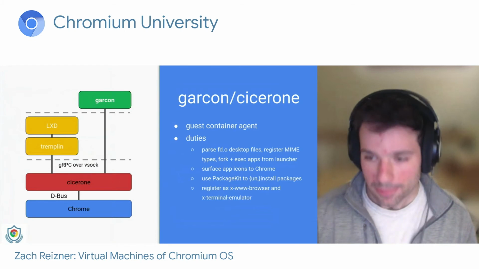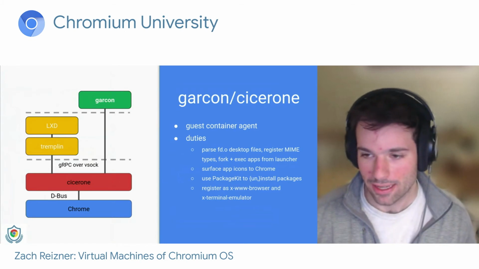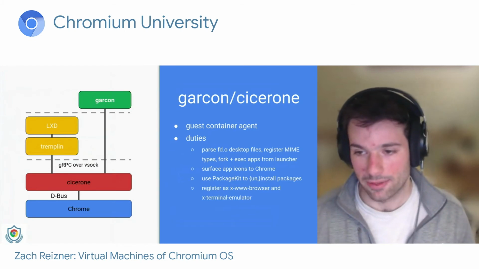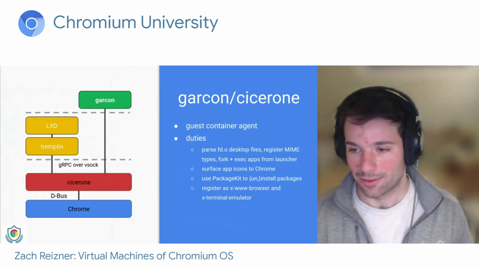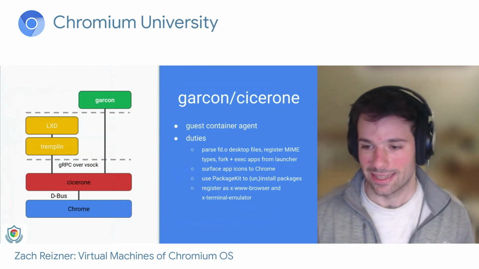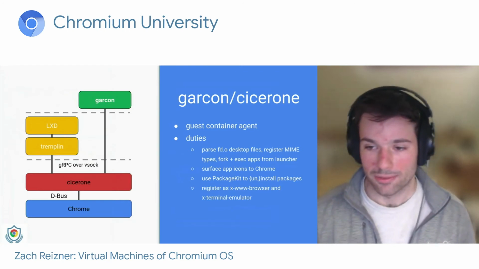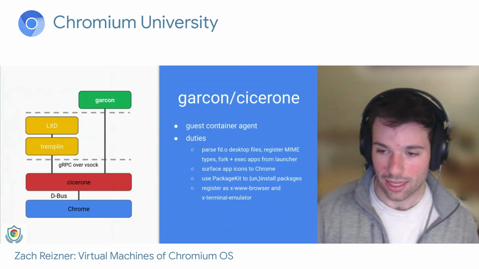Tremplin is a simple proxy for the LXD daemon that Cicerone can communicate with. Cicerone and Concierge were at one point the same daemon, but were separated for security purposes. Cicerone's other job is communication with Garcon, which is analogous.